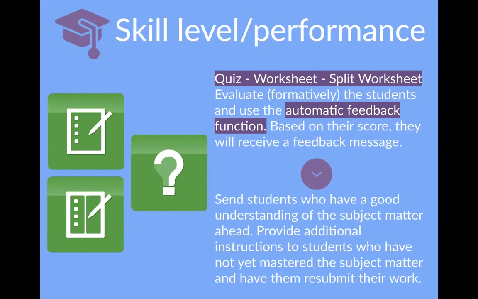In this case, you can make sure that students that don't have good grades keep on trying to make sure that they really understand the learning materials, that they really get the skill level they need until they move on. It's also called mastery learning.